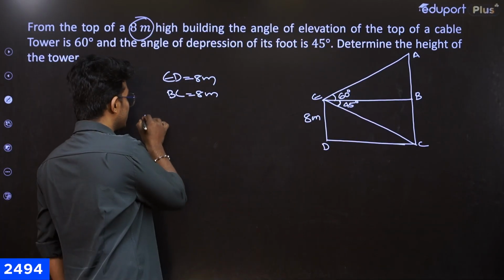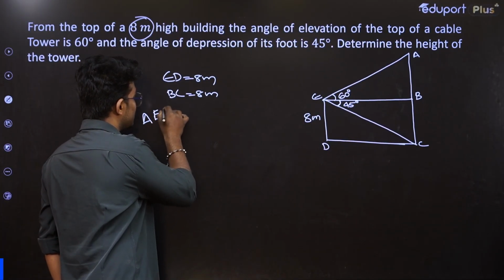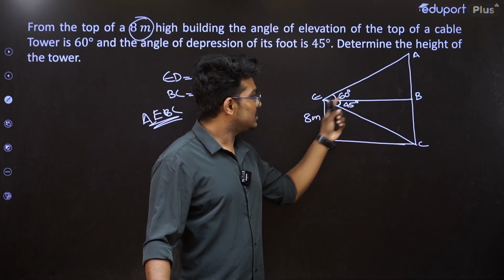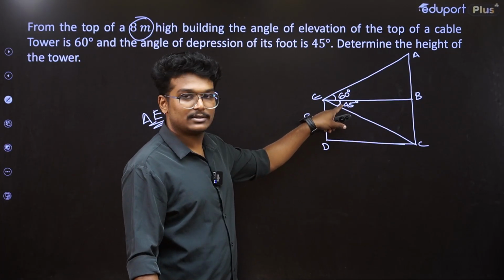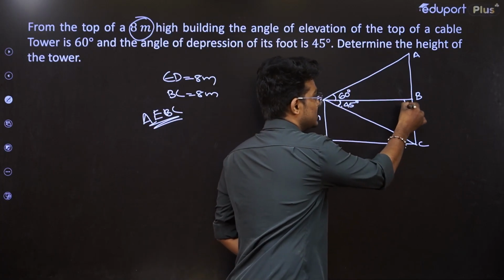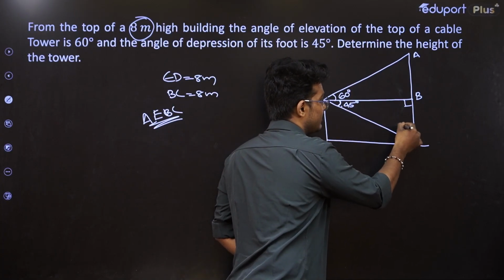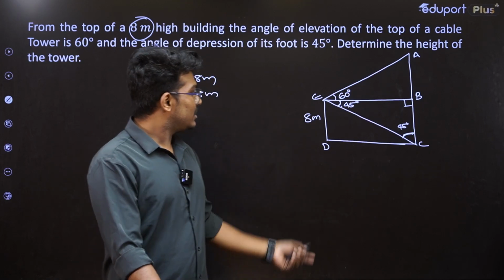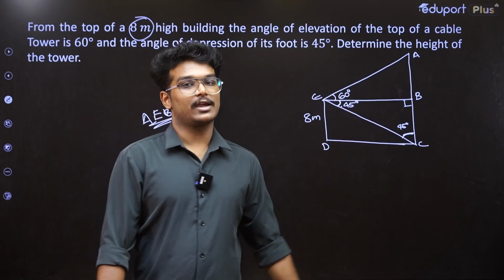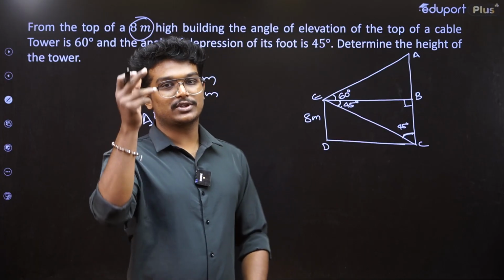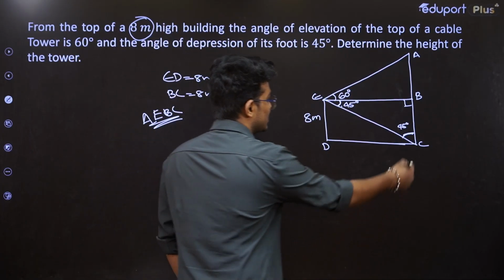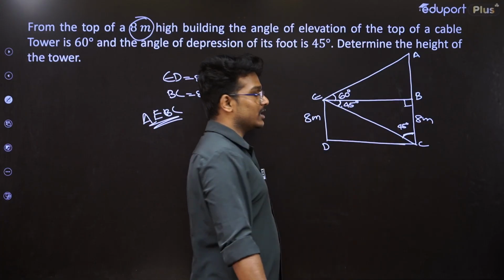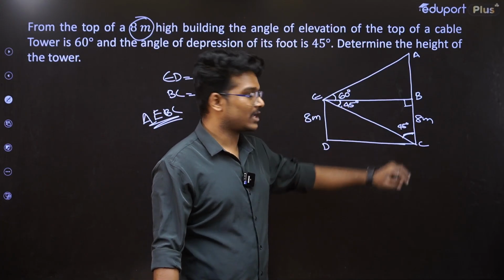Now I am considering the triangle EBC. In this triangle, the angle here is 45 degree and this is 90 degree, then the angle C will be 45 degree. Then this triangle is an isosceles triangle. Two angles are equal, then two sides will be equal. The side opposite to the 45 degree is 8 meter.